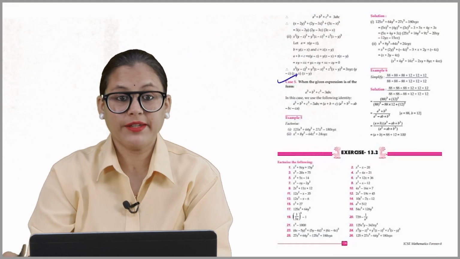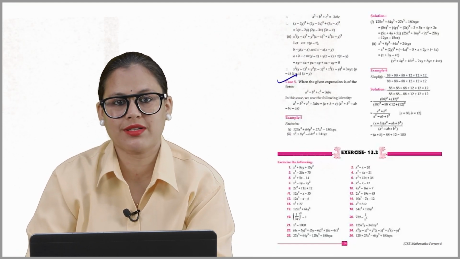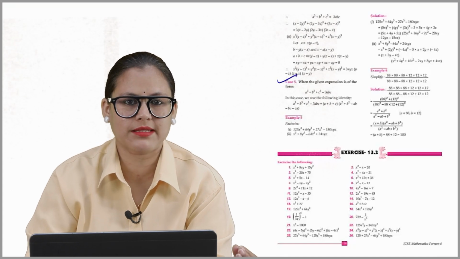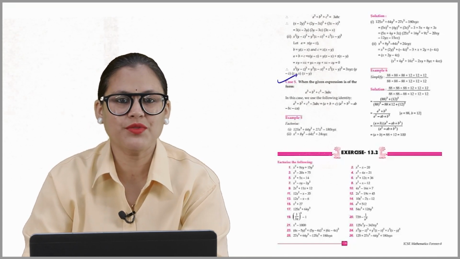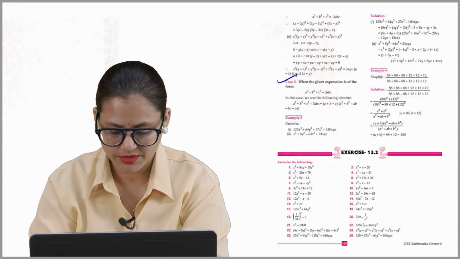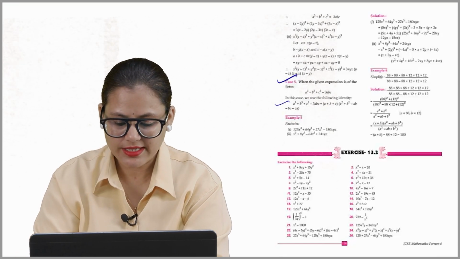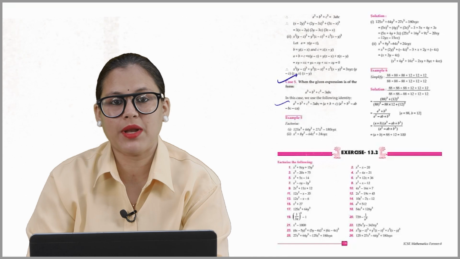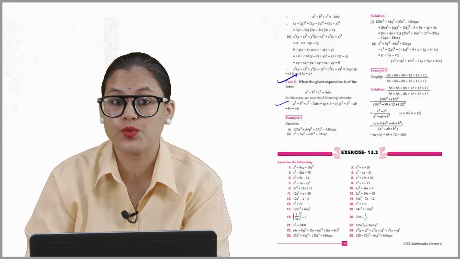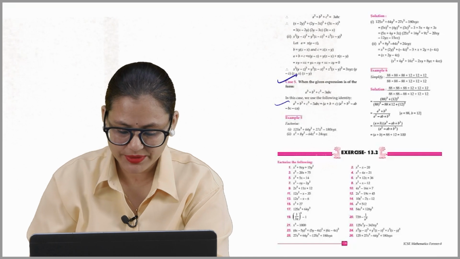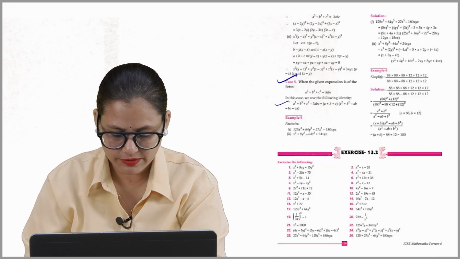Next, case number 5. When the given expression is of the form a cube plus b cube plus c cube minus 3abc. So in this case, we use the following identity which is given here. This is equals to a plus b plus c, then in bracket a square plus b square plus c square minus ab minus bc minus ca. Okay, for example, example 5, factorize.